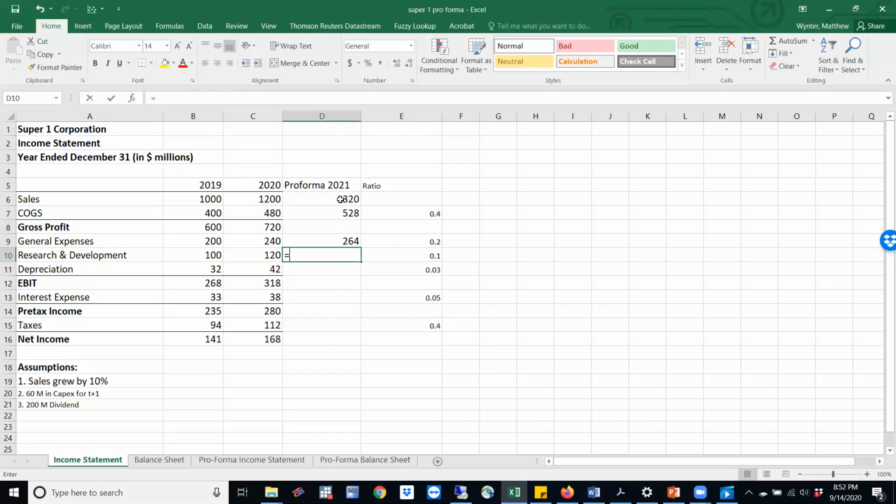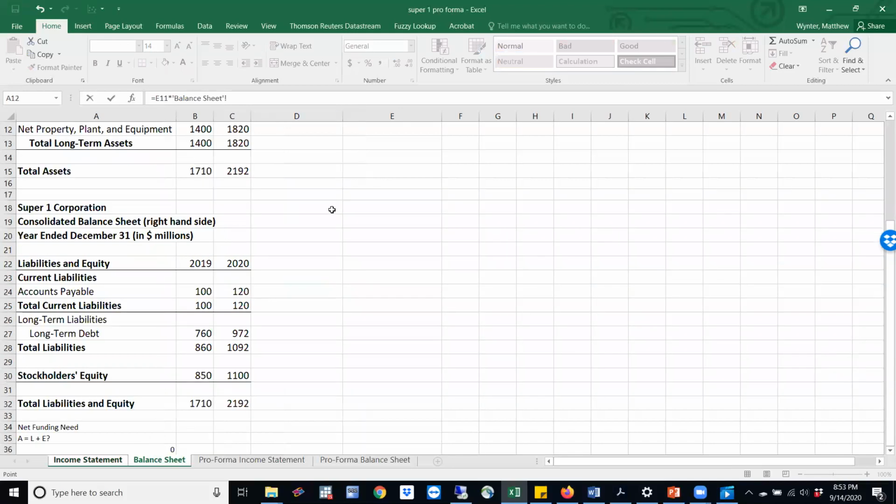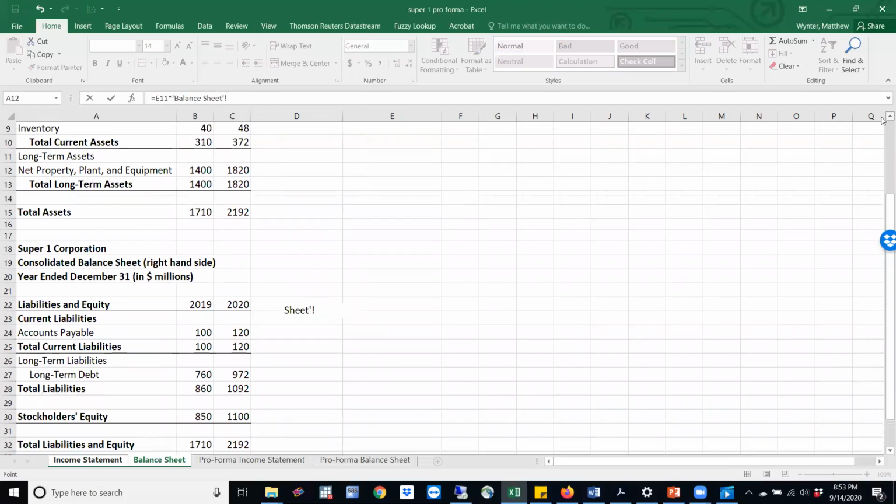My R&D, same thing. I'm going to take my ratio, multiply it by my projected sales for 2021. For depreciation, here I'm going to use this ratio, but instead of sales, remember it's going to be a function of my PPE. So I'm going to multiply that by my property, plant, and equipment for 2020.